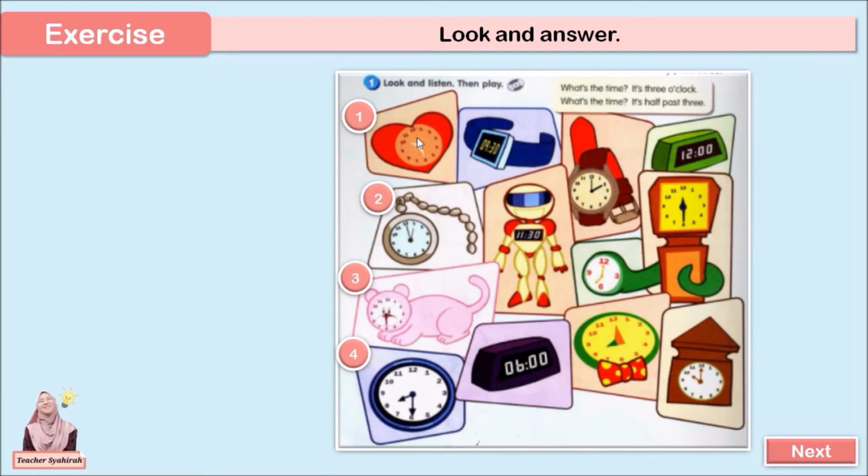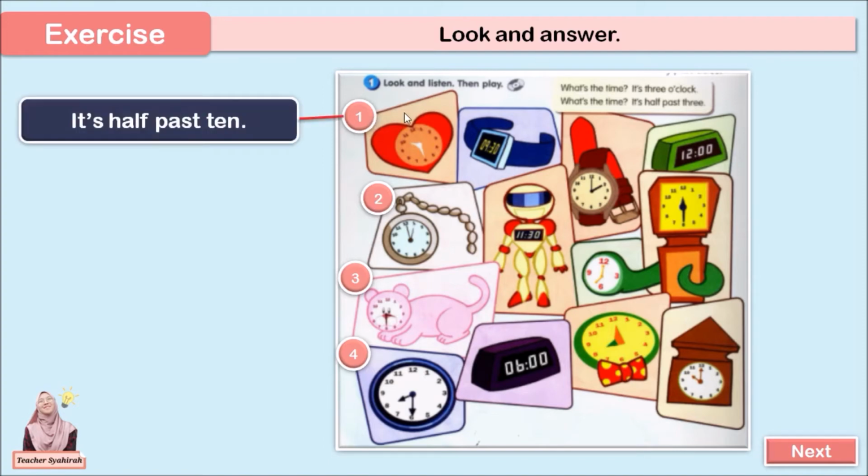What did you write as the answer? The answer is, it's 10:30. Did you get it correctly? If you get it correctly, that's awesome. If you didn't get it correctly, that's awesome too because you tried. But you can try to correct it. Erase the one that you already wrote and write the correct answer.